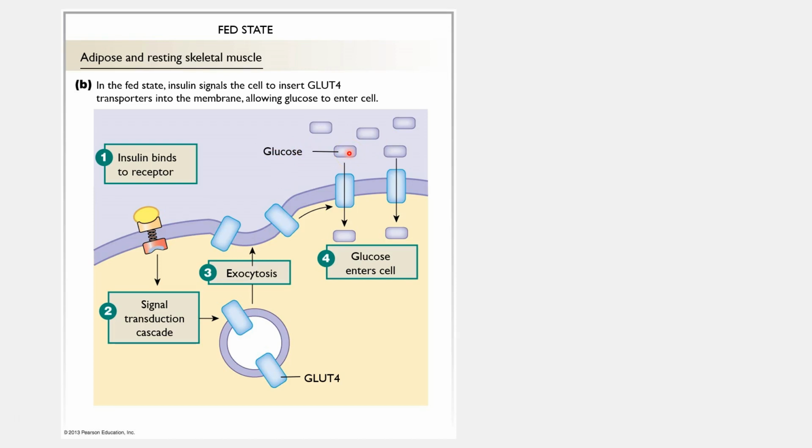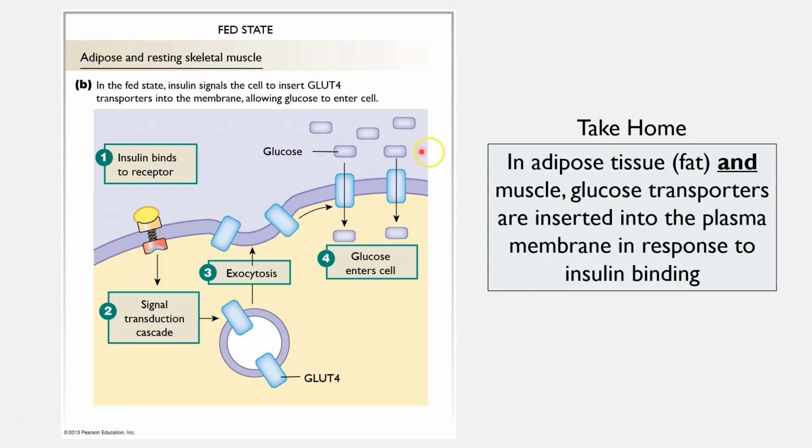So you want to activate skeletal muscle and adipose tissue to pull in lots of glucose from the bloodstream. This helps lower blood glucose levels back down to the normal state, giving you a classic negative feedback. So the take-home message is that in adipose tissue, fat tissue, and muscle, glucose transporters are inserted into the plasma membrane in response to insulin binding at the surface of the plasma membrane.